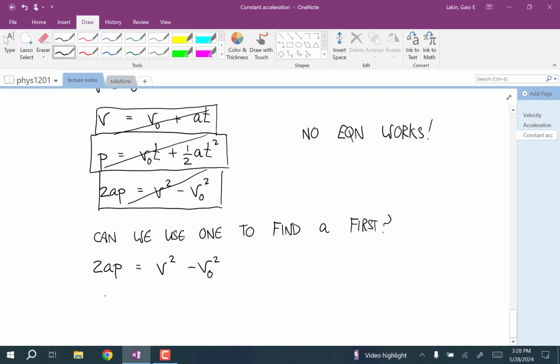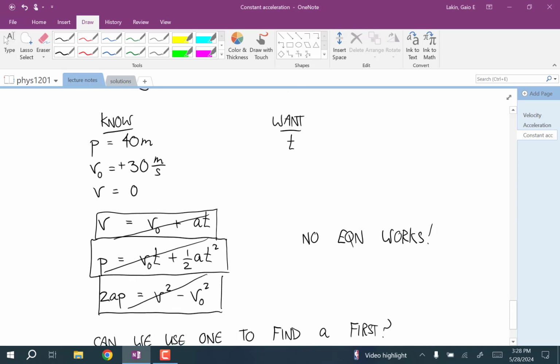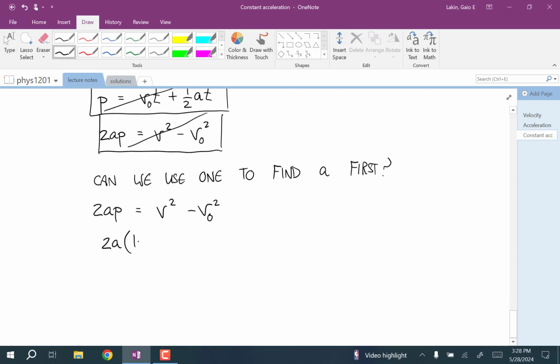And so we have 2a times p is 40, and that's equal to 0 squared minus v0, which was 30, and we're going to square this.